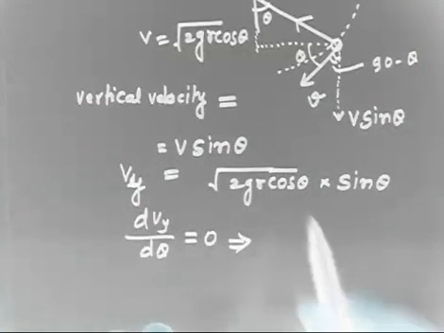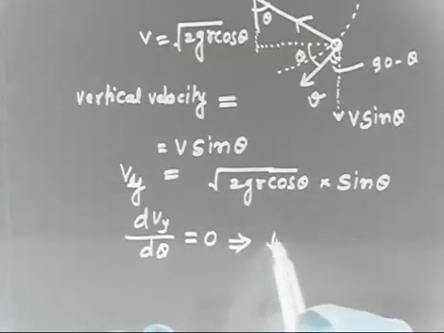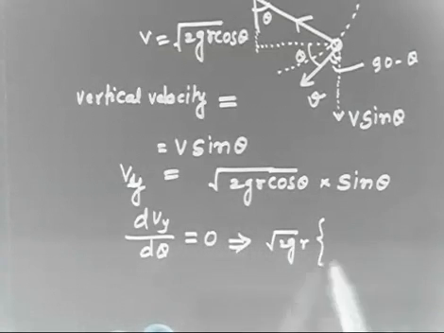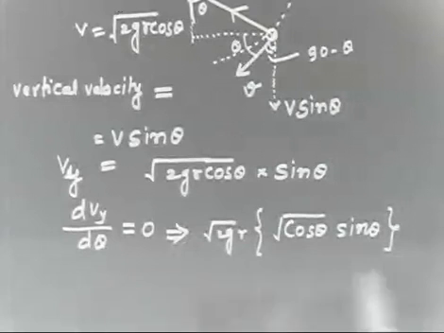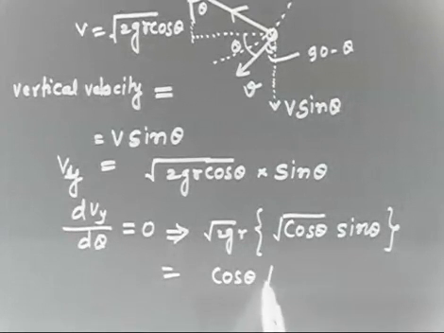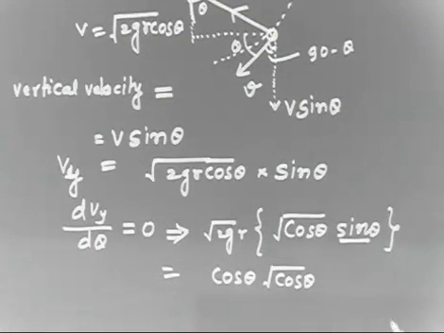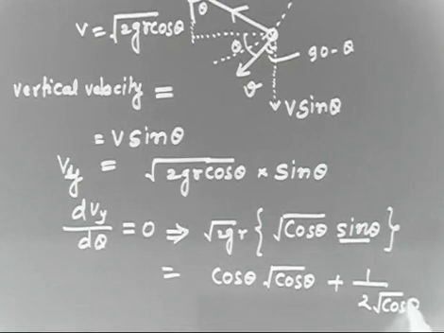So you see, I can always take under root 2gr common. This is root cos theta and sin theta, so I have to differentiate this function. Differentiating sin theta gives cos theta, keeping root cos theta as it is. Then I have to differentiate cos theta: root x gives 1 by 2 root x, and cos theta gives minus sin theta, and there is again sin theta.